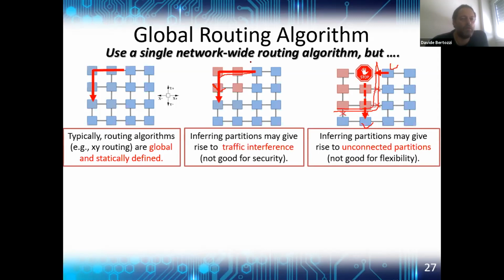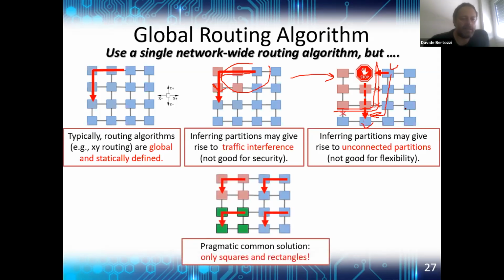So assuming that we found a way to solve this problem, then there is no way you can connect this node to this node because you would need YX. You cannot use multiple routing strategies at the same time, such as XY or YX, because if you start mixing routing algorithms on the same network, then you end up in deadlock problems.